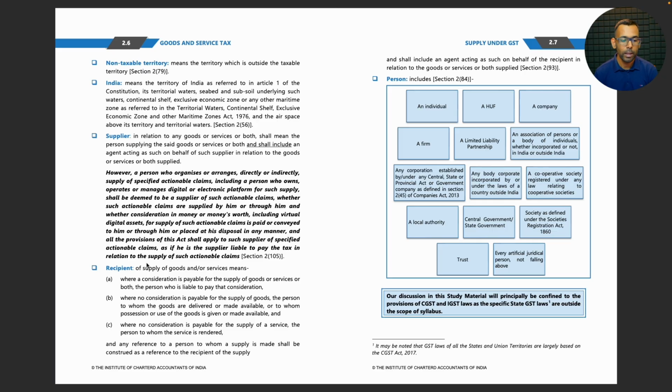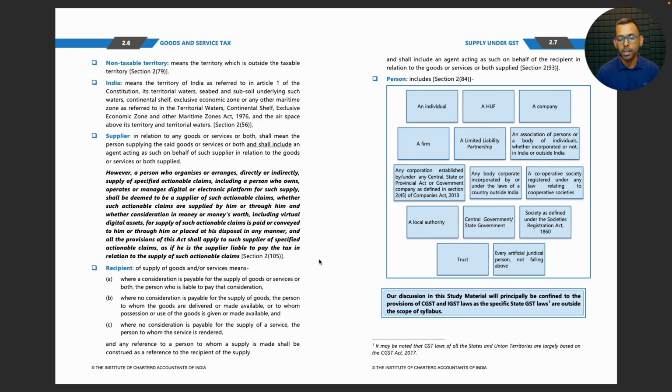Anyway, moving on. Recipient. A recipient of supply of goods and/or services means, where a consideration is payable for the supply of goods or services or both, the person who is liable to pay that consideration. Where no consideration is payable for the supply of goods, the person to whom the goods are delivered or made available, or to whom possession or use of the goods is given or made available.